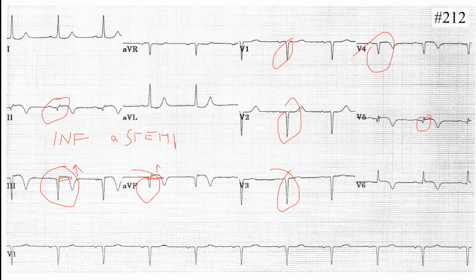And there is no ST change in the anterior leads, but maybe we do have T inversion. So we do have an anterolateral old MI or subacute. Old or subacute, yes, that's it. And there is no sign of left ventricular or right ventricular hypertrophy.